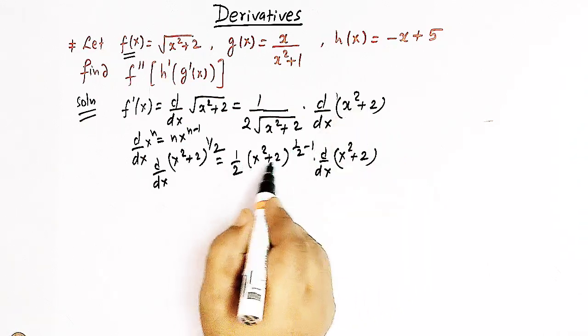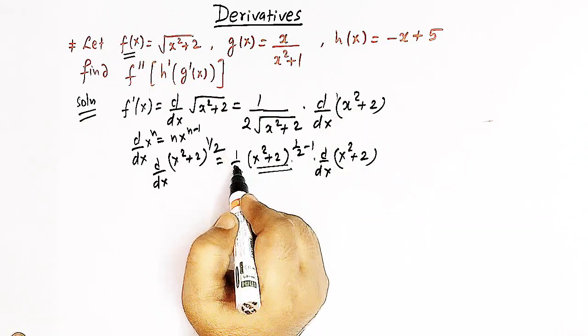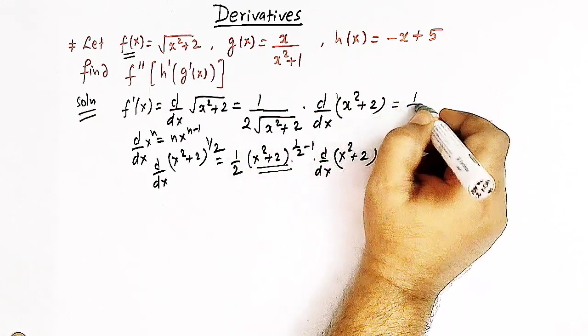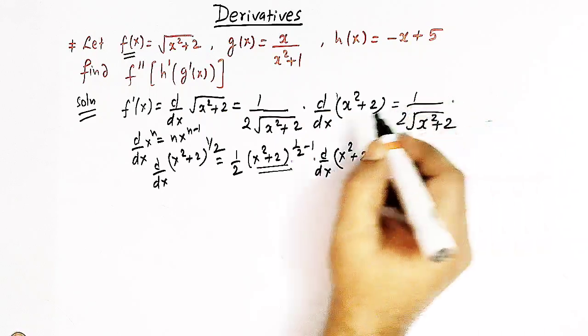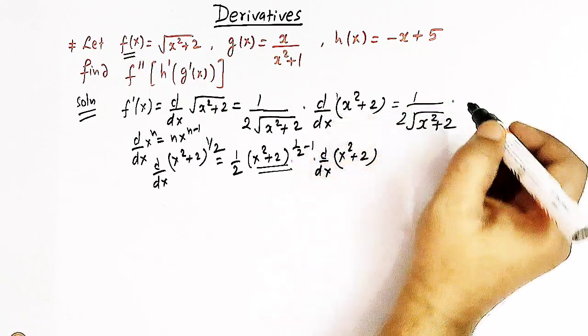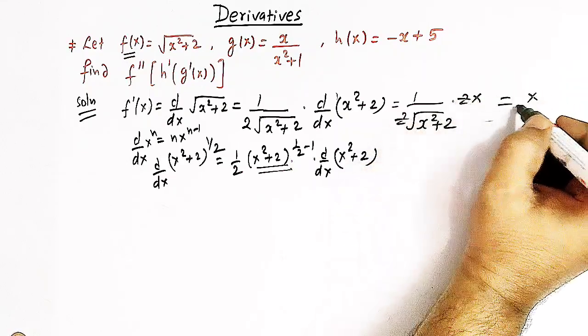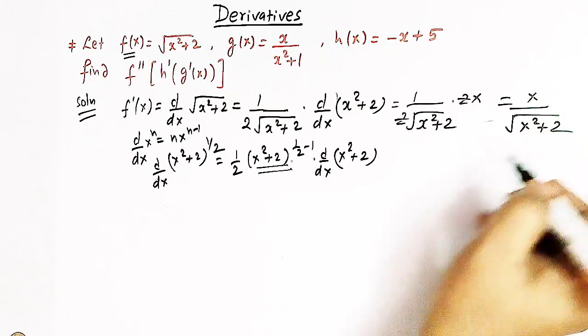So when we simplify this expression, we'll get 1 over 2 times square root of x square plus 2. So we have half, this is x square plus 2, and the derivative of x square plus 2 is 2x. 2 and 2 get cancelled, so we are left with x over square root of x square plus 2.